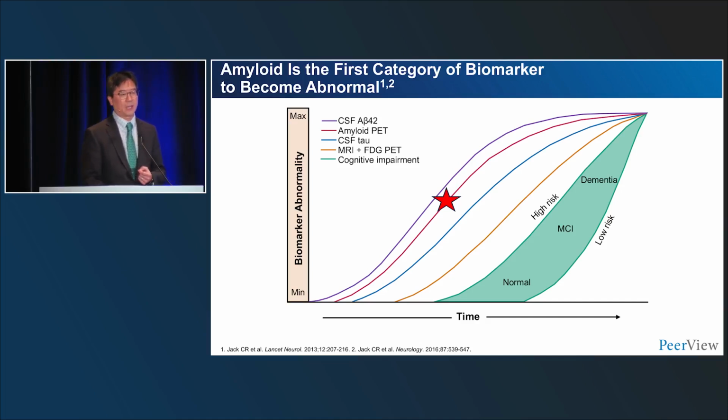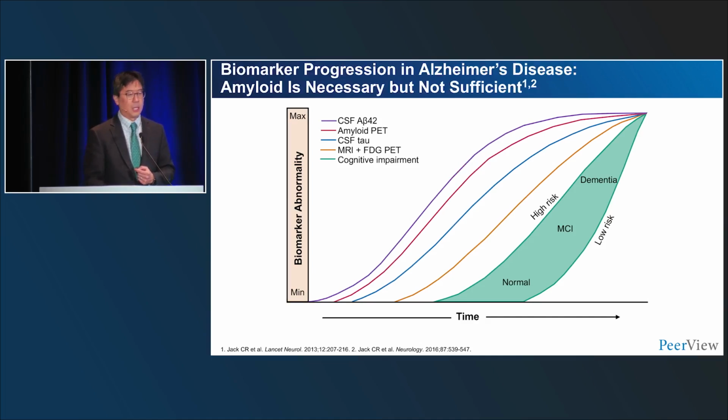So it's the first category of biomarker to become abnormal, and this is a frequently shown cascade where you graph where you first see amyloid, and then the second pathologic protein that becomes, quote unquote, positive is tau, and then you start to develop symptoms, particularly with neurodegeneration and neuronal loss.